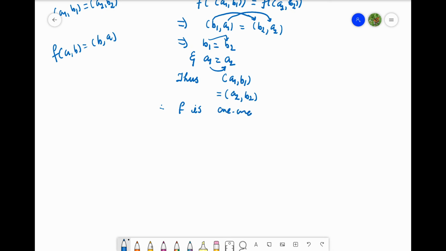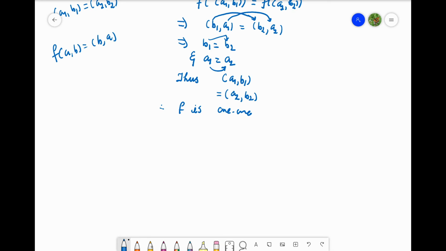Now we will show that f is onto. For onto, you take any element from the codomain. Again recall the definition of an onto function: for each y belongs to codomain B there exists x belongs to A such that f of x equals y.